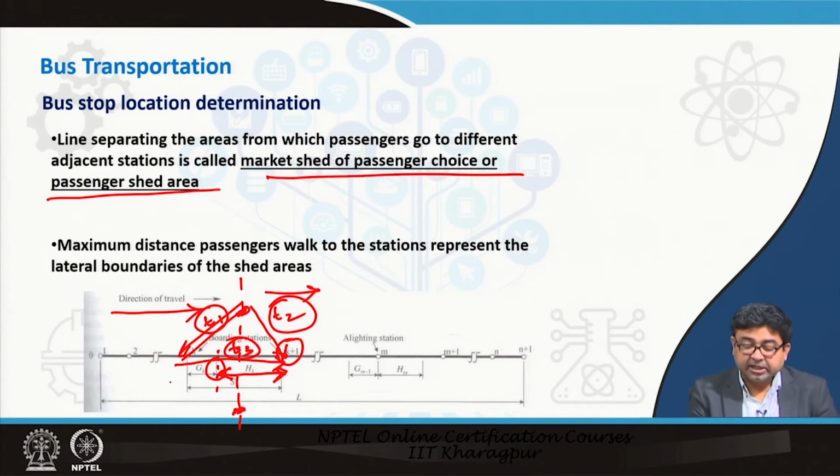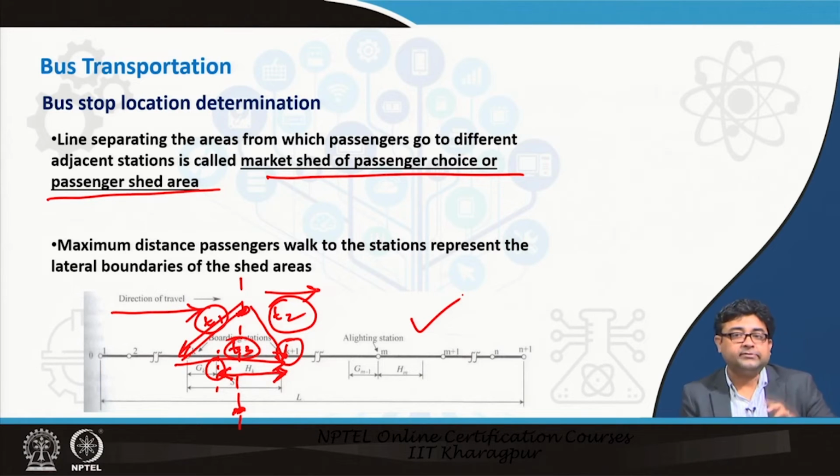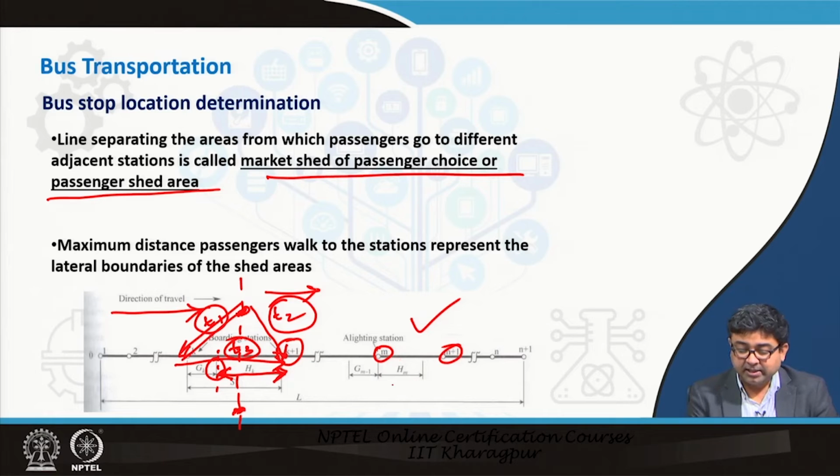Just the opposite happens at the alighting station. At the alighting station, you think about which station to get off at, depending upon where your final destination is, right. These are the two stations. If your destination is here and your train is coming from here, would you want to get off at this station and then travel back, or would you have rather got off at the earlier station and traveled to this location, right?